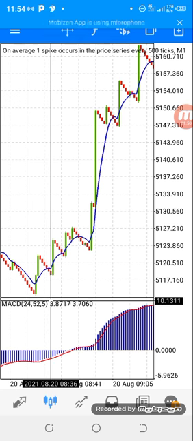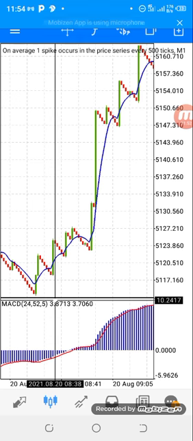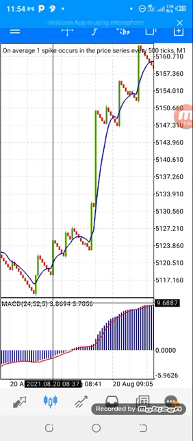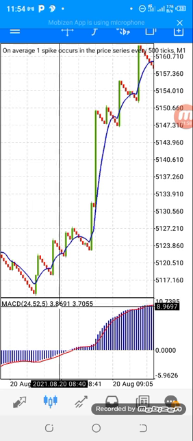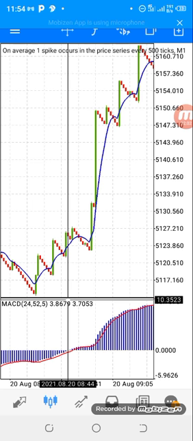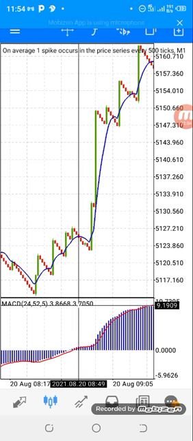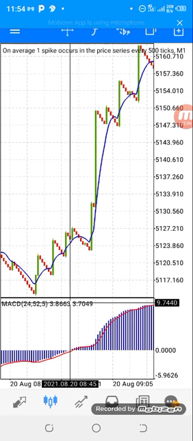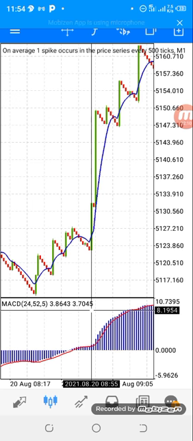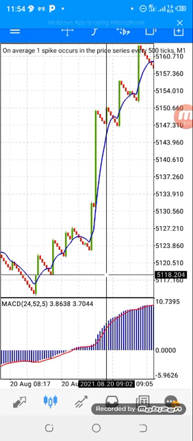After 2 candles it spikes. This is another one. Retrace, spike happens here, retrace back to the linear moving average, it spikes. This is another one. Retrace back to 10. After 5 candles it spikes.